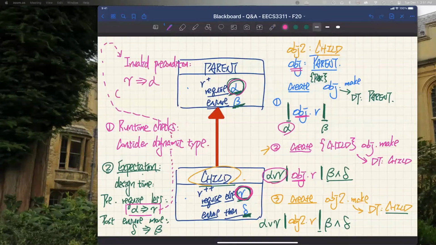That means the child precondition is stronger, and which means it's invalid. First of all, we know that for this particular invalid precondition, this is what you can judge at the design time, right? So this is invalid at the design time.